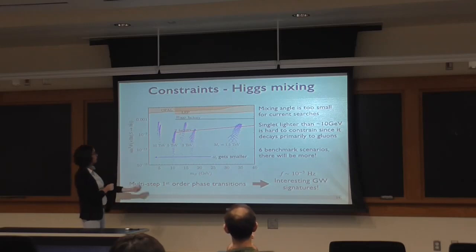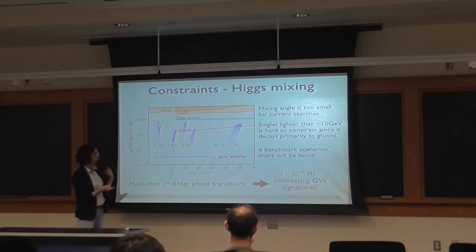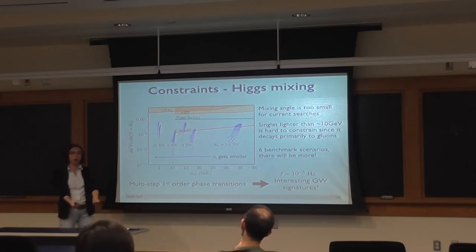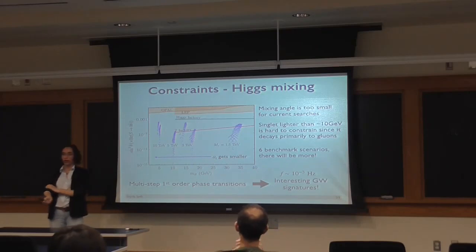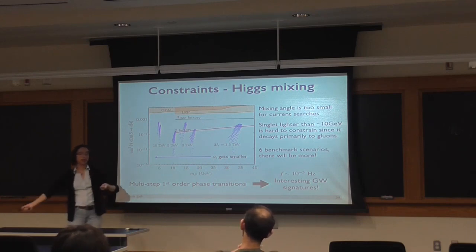One other possibility is that these searches are mostly looking for b-bbar final states, but the singlet can be produced via gluon fusion as well. So its production cross-section could be larger than what you expect from a normal scalar. You could hope to win by raising the production cross-section and looking at final states that have a lower branching fraction, for example, lepton final states.